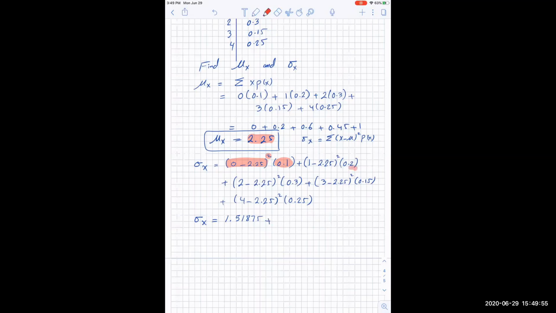I'm working on this one here. Second one, times 0.2. You guys agree with this number? 0.3125.